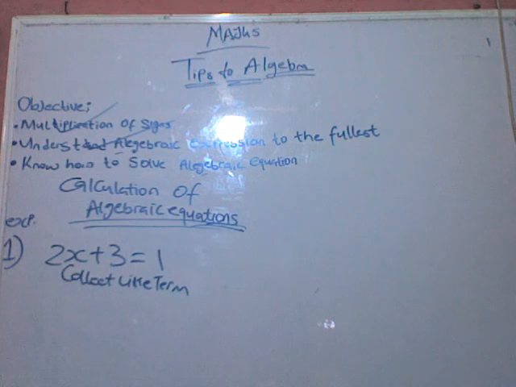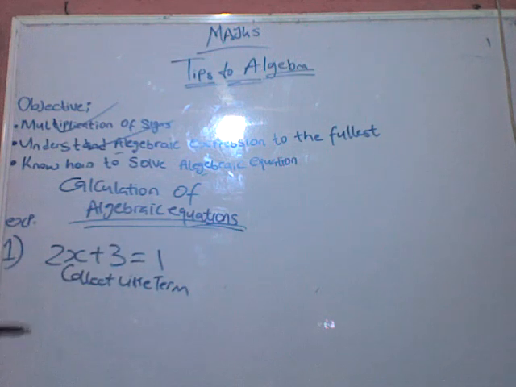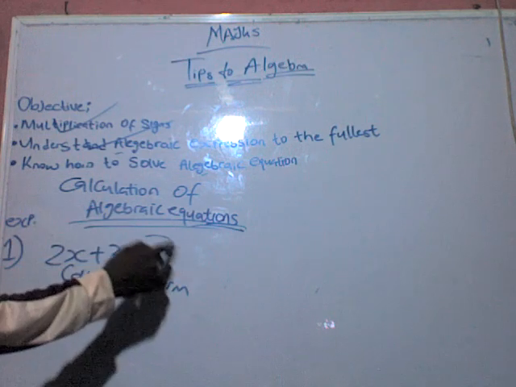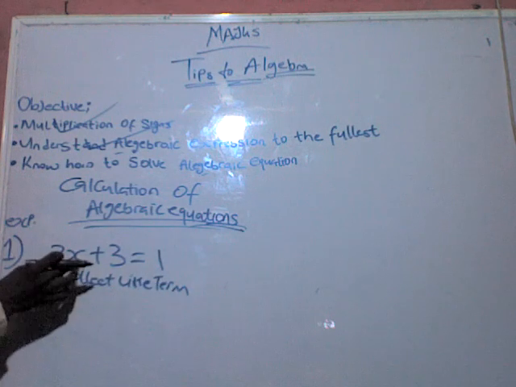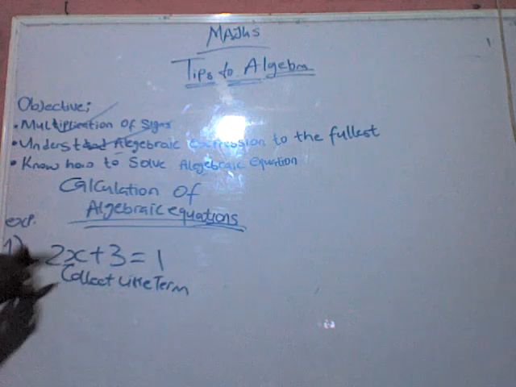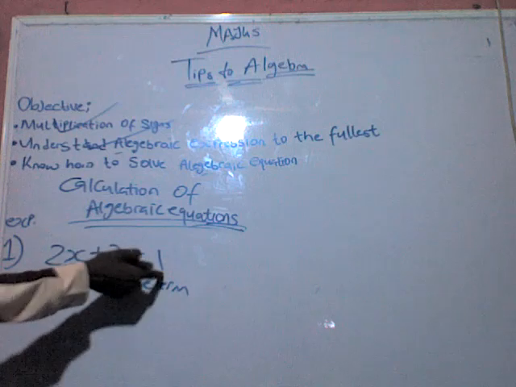We take particular numbers that look alike to one side of the equals to sign, and other ones that look alike to the other side of the equation. Now 2x has no one that looks like it. 3 doesn't have an x, 1 doesn't have an x, but 3 and 1 are the same.